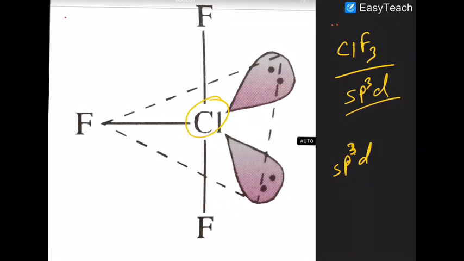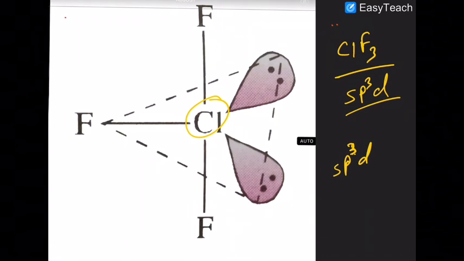So in ClF3, very importantly, the lone pair should be present at the equatorial position, so that repulsive interaction between the lone pairs should be at the minimum level in that particular geometry, and that is possible only if the lone pair occupies the equatorial position.